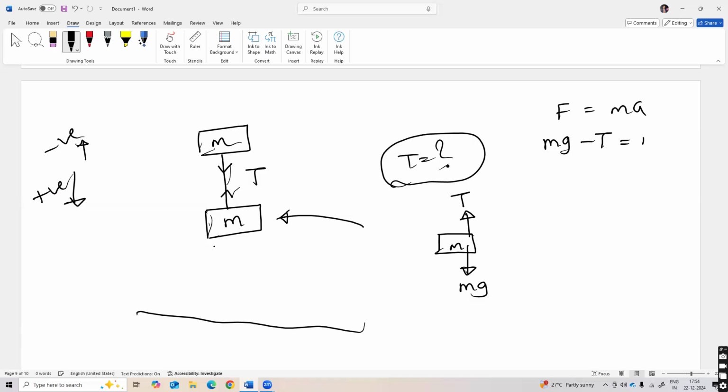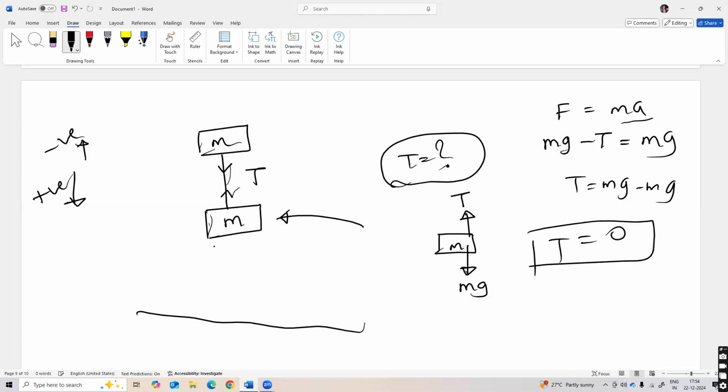You know that when anything is falling under gravity, the acceleration is basically the acceleration due to gravity. So here ma will become mg only. So finally you got T is equal to mg minus mg, and it will be 0. So Harini, your answer was correct: T is equal to m into g minus a, but since acceleration is equal to acceleration due to gravity, it will become 0.